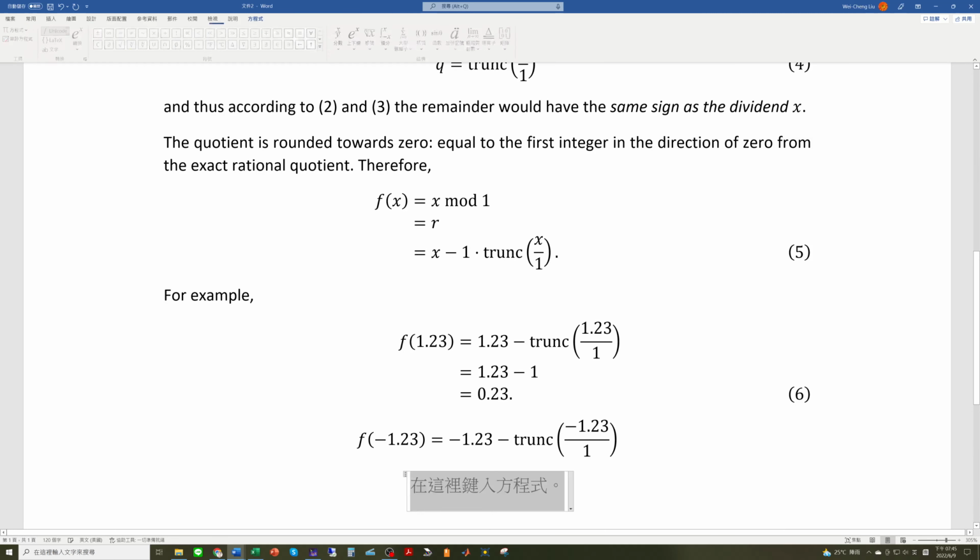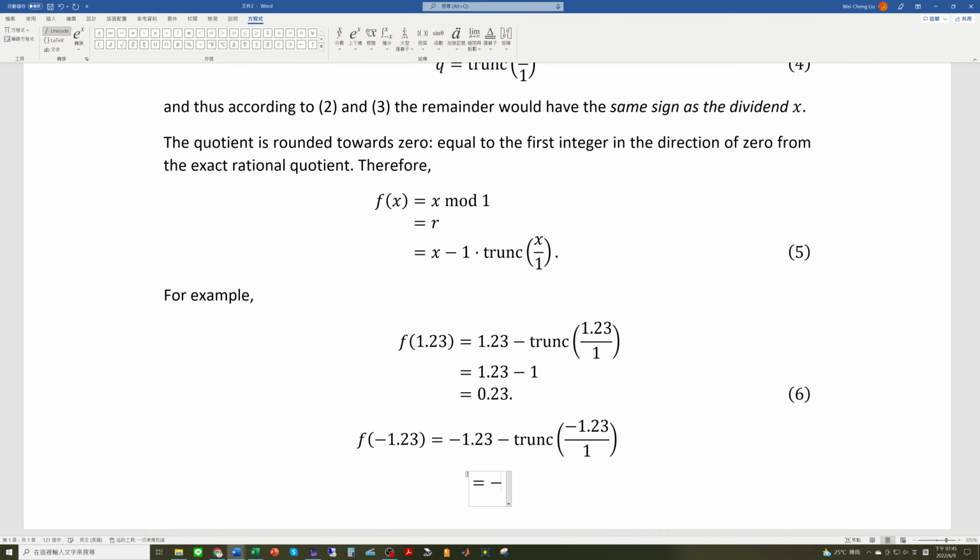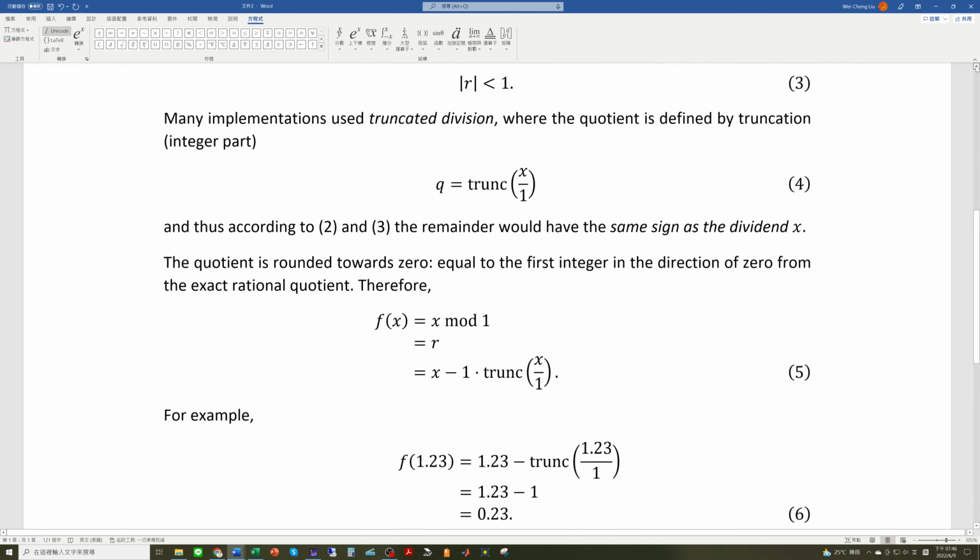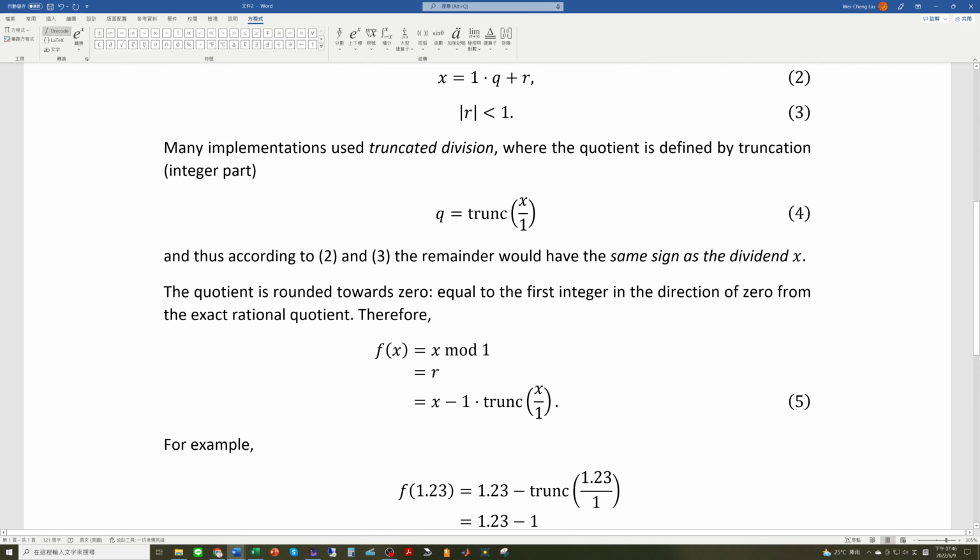So it is equal to negative 1.23 minus, negative 1.23 over 1 is still equal to negative 1.23. And after taking the truncation, that is taking the integer part, please note that the quotient is rounded towards 0.